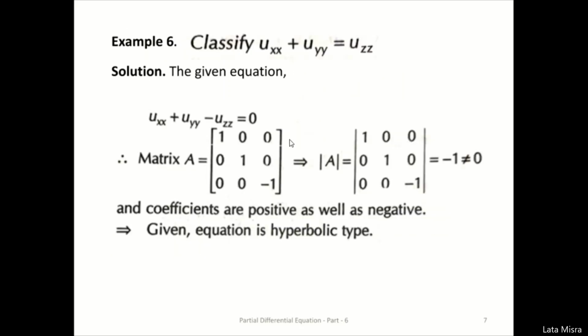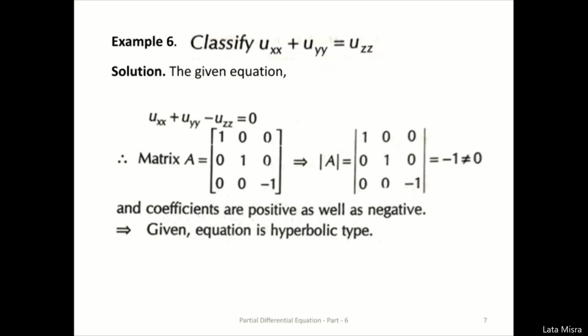Now let's see the example. uxx plus uyy equals uzz. Here we have three independent variables x, y and z, and u is the dependent variable. Take uzz to the left hand side, and we have the partial differential equation as uxx plus uyy minus uzz equal to 0. The coefficient of uxx is 1, the coefficient of uyy is 1, and the coefficient of uzz is minus 1.